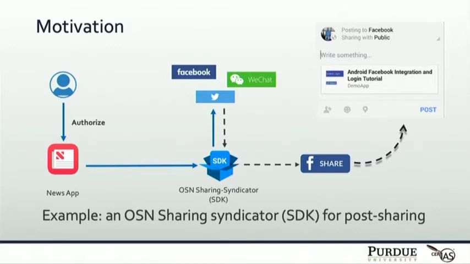However, when the user shares the in-app content to her social network, likely she will not know that this process is actually handled by this third-party library instead of the app itself. And she will also not know that, in order to do this, the app needs to hand the user's login credential, which is an access token, to the third-party library for completing this functionality.